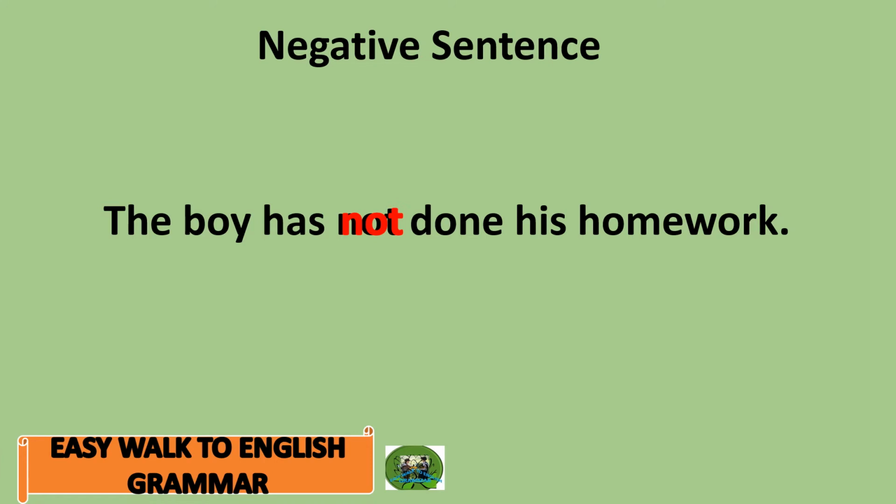We placed it in the middle of has and done. It means we placed the adverb not in between the auxiliary verb and the main verb. That is the exact place where you want to place the adverb of negation. Only then can you make correct negative sentences.